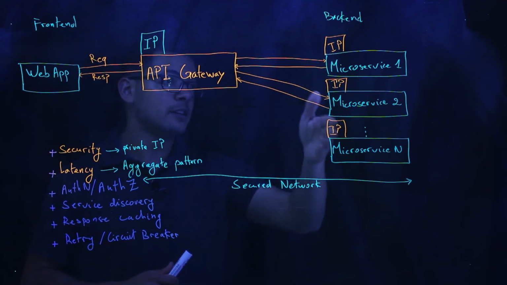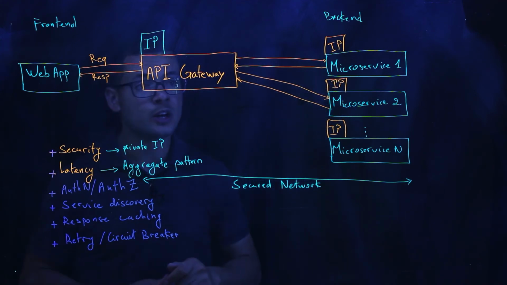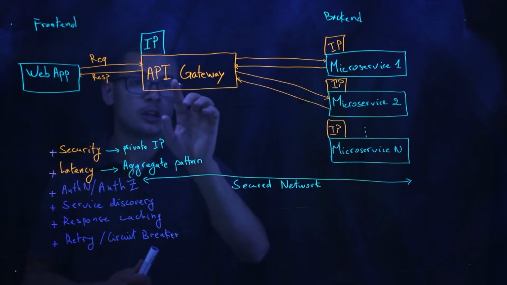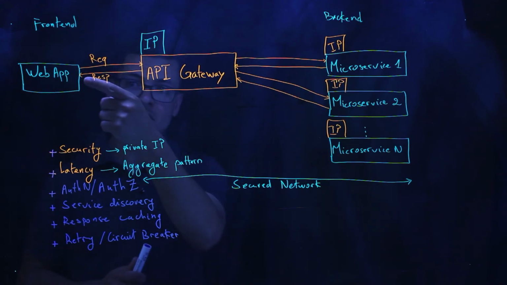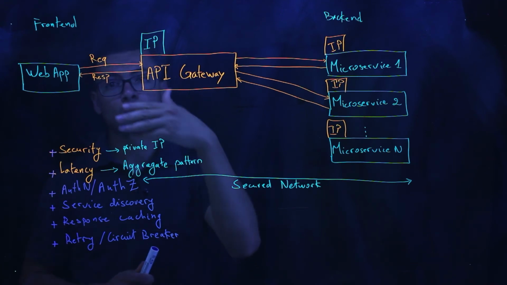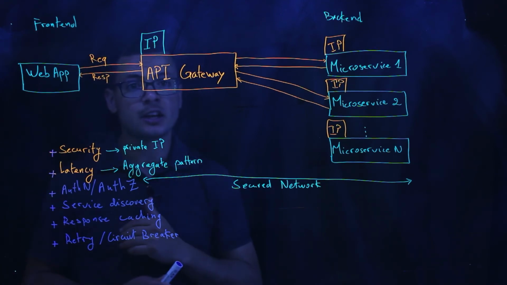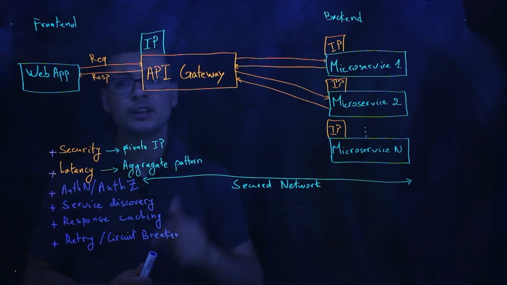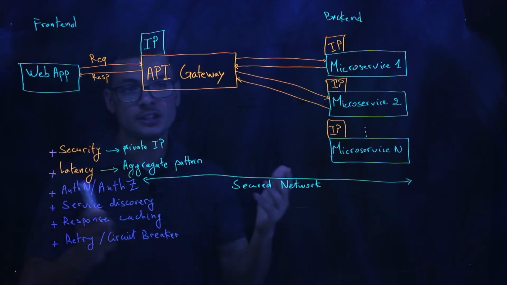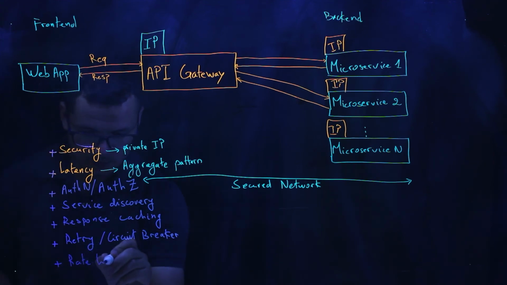We can implement that in all my microservices, but using an API Gateway, we can apply those limits inside the API Gateway, because at the end it gets all the requests. So it can know who is the issuer of that request, and it can monitor how many times it connected in a second or in a minute. So let's add that here as rate limiting.